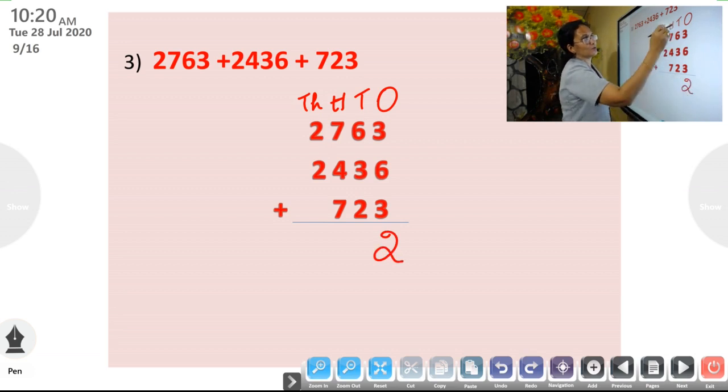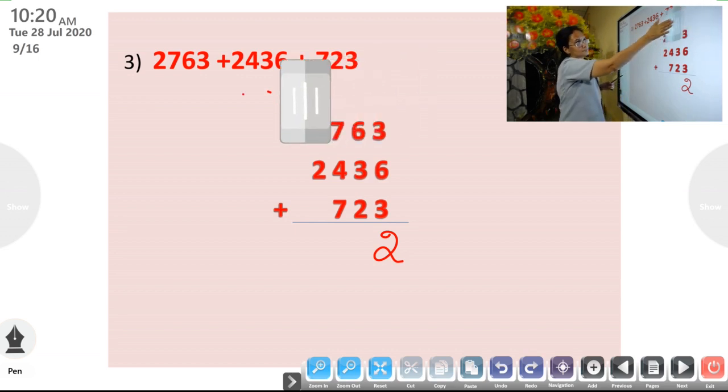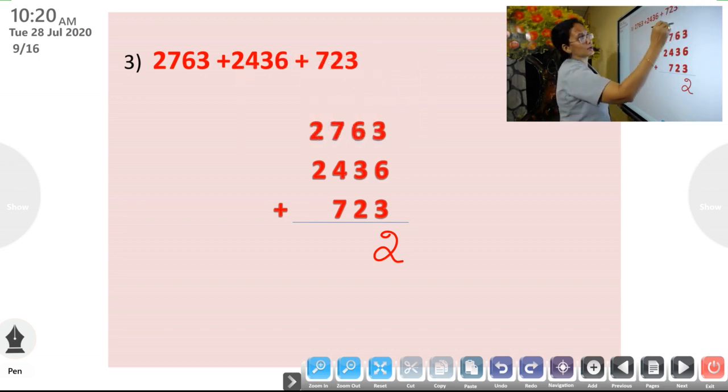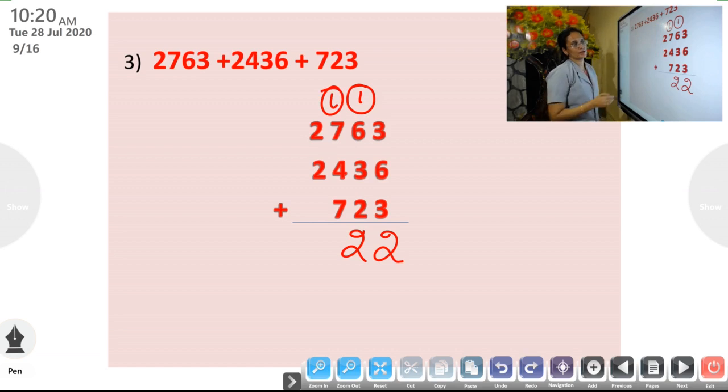Carryover is there. What is the carryover? Carryover is 1. Okay. Then again 6 plus 3, 9. 9 plus 2, 11. 11 plus 1, 12. Again carryover is there.